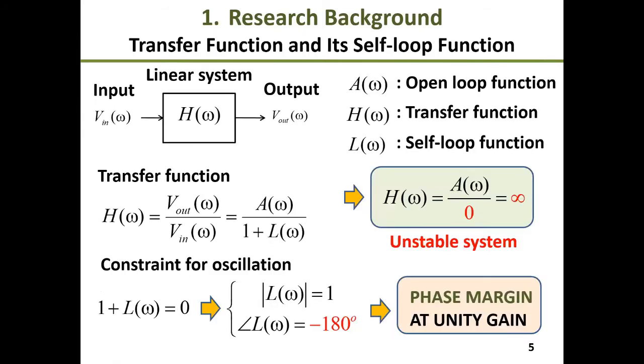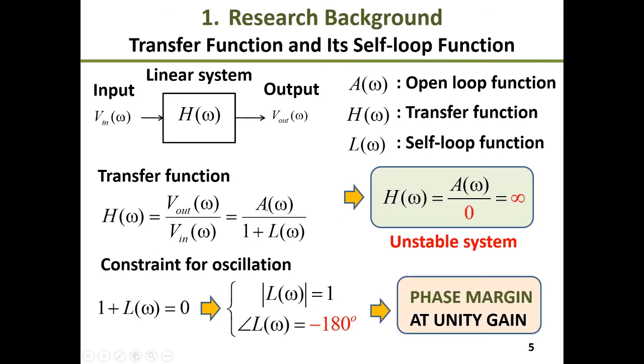And in this work, we want to clarify the difference between the conventional loop gain and the return ratio function. Why? In a general transfer function, we can measure the transfer function by the ratio between the output signal over the input signal.